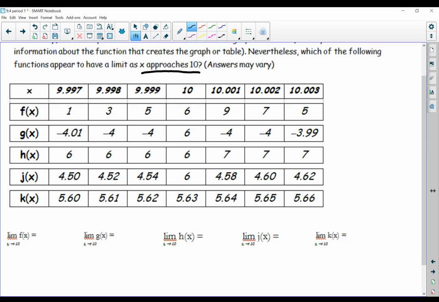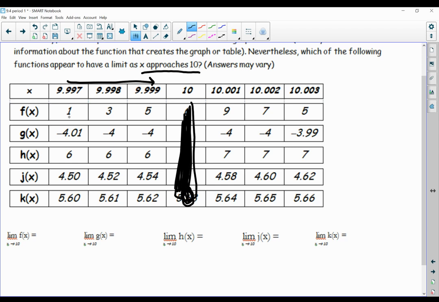So if I were finding the limit as x approaches 10, here is my advice to you, okay? I don't actually care about the value at 10. So I'm going to cross all the points at 10 off because remember, the limit is about approaching 10. It's not about what happens at 10. So if I come from the left and approach 10 on f of x, if I look at the pattern of numbers, it goes 1, 3, 5.